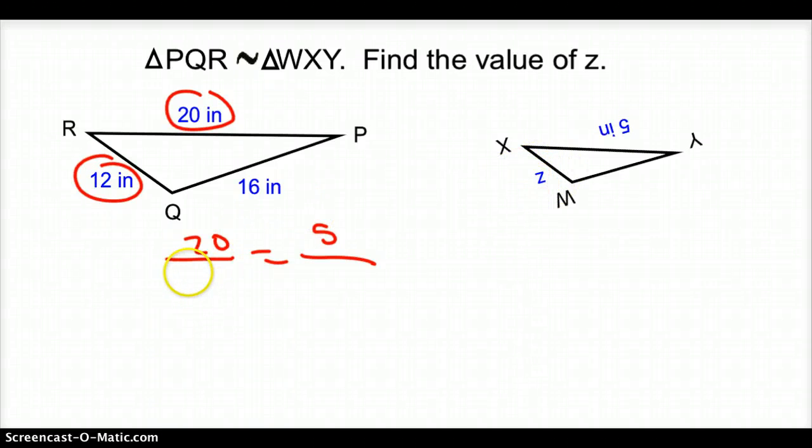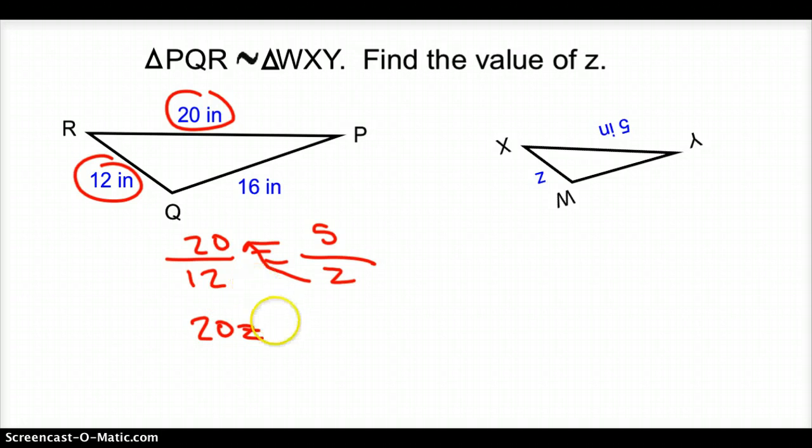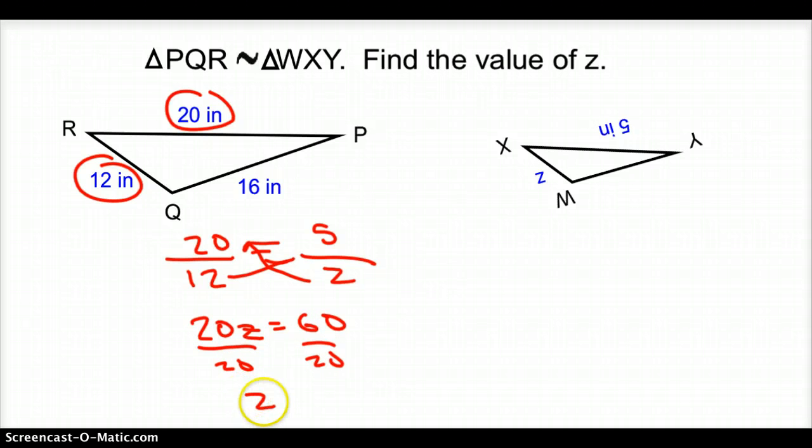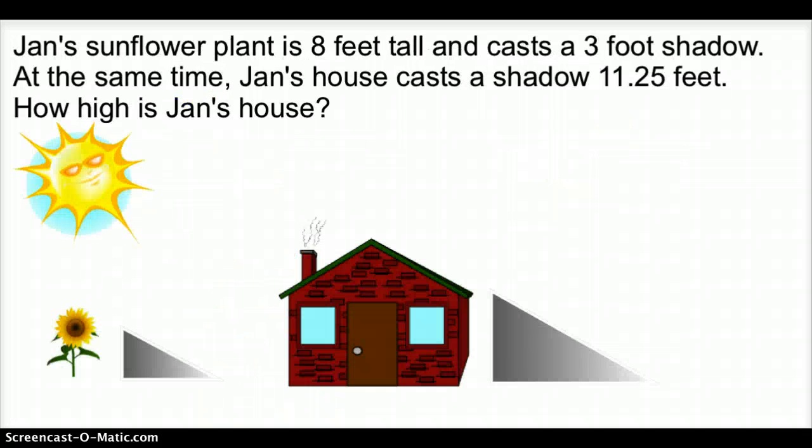So I'm going to put 20 over 12 equals 5 over Z. And now, just like how you solved that last proportion, I'm going to cross multiply. So it's 20 times Z equals 12 times 5 is 60. Now just solve our equation. So divide by 20, divide by 20. So Z equals 3.